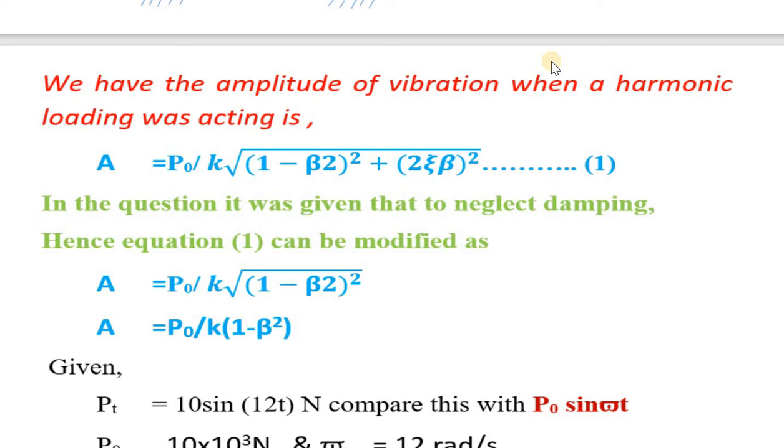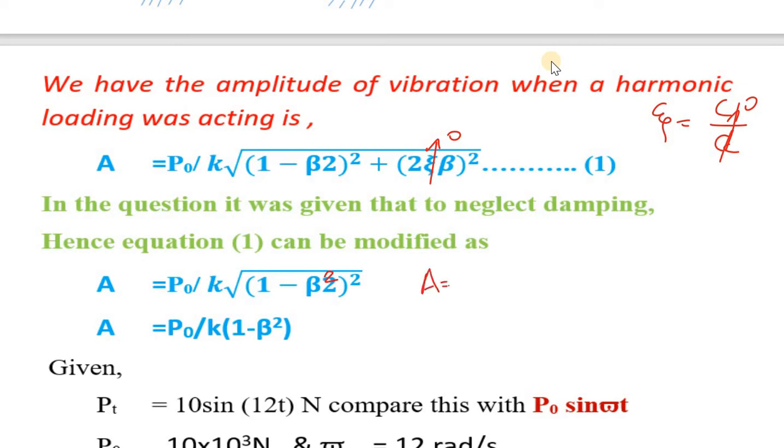Since damping is not there, this term theta, which is C by Cc that we studied, is zero, because C is equal to 0. So this term will be 0. What is the amplitude? P by K, root of 1 minus beta square.